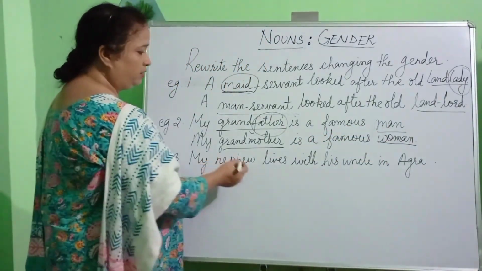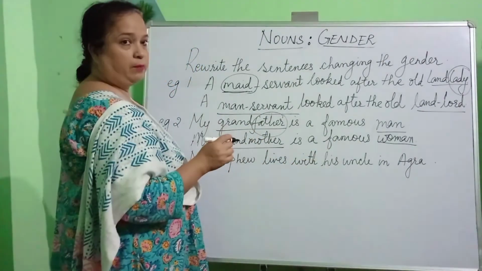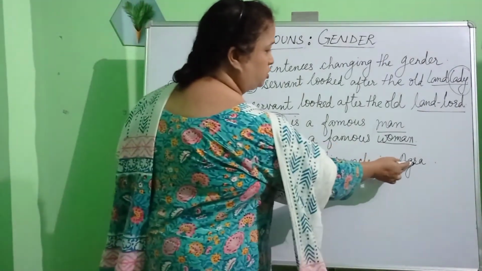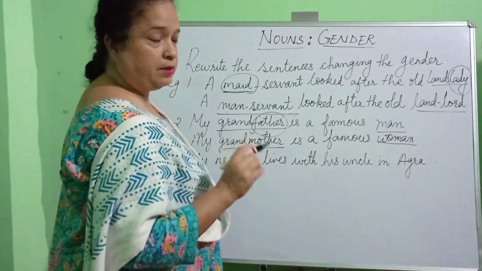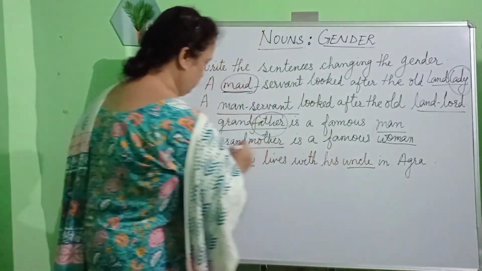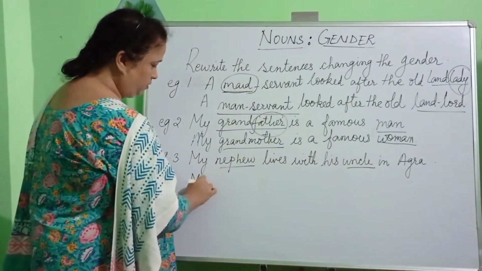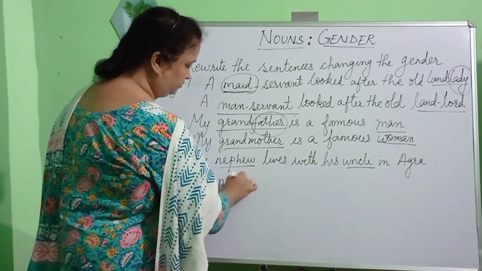Now, my nephew lives with his uncle in Agra. Remember, in gender, we do not change the name of a place. Only animals and people's names. So, nephew and uncle. What's my answer going to be? My, instead of nephew, we will write niece.